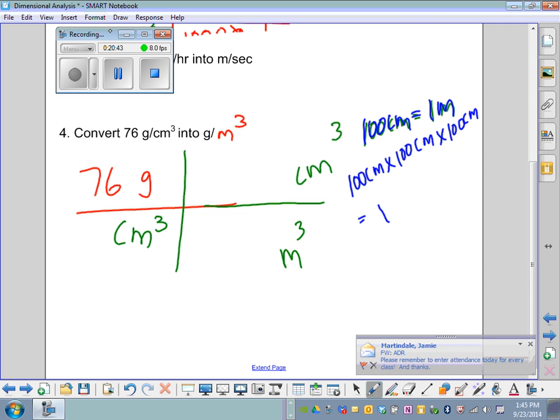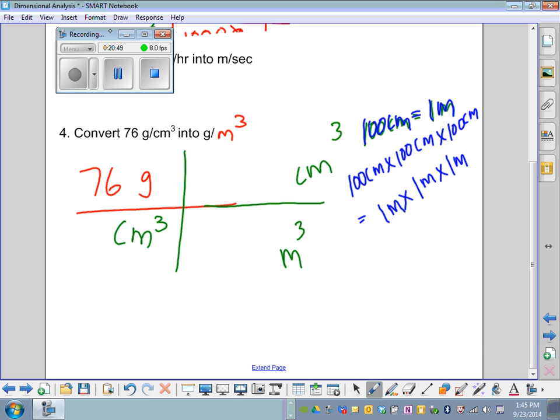So I have 100 centimeters times 100 centimeters times 100 centimeters equals 1 meter times 1 meter times 1 meter. Is everybody with me? Did I write it 3 times? So that becomes, there are 1, 2, 3, 4, 5, 6 zeros.